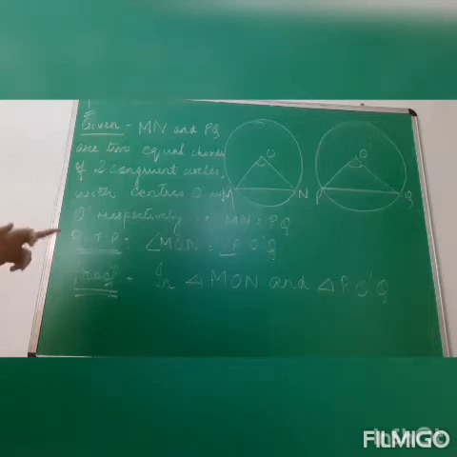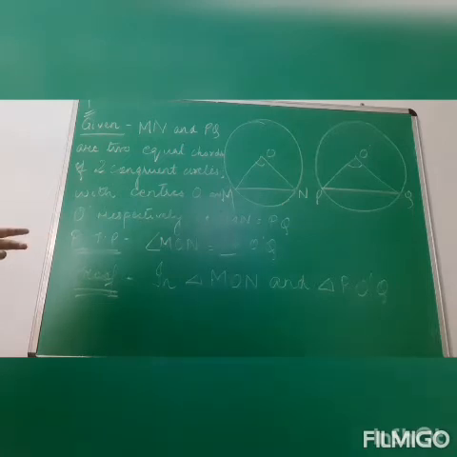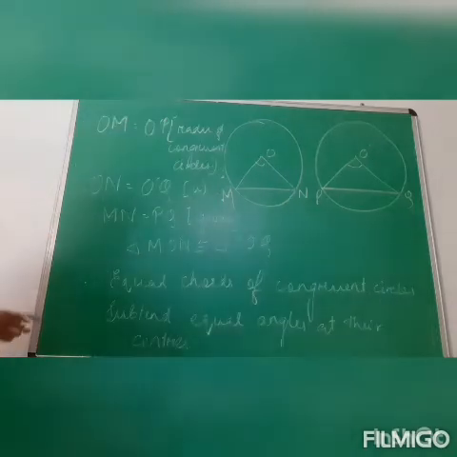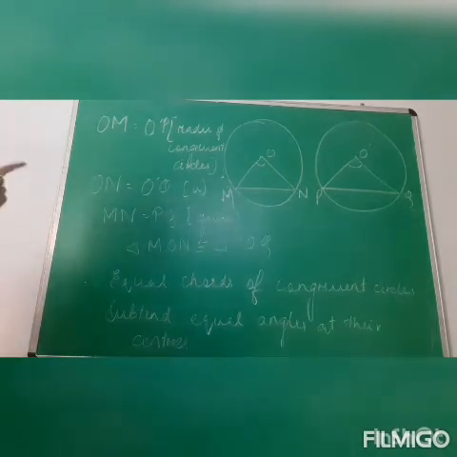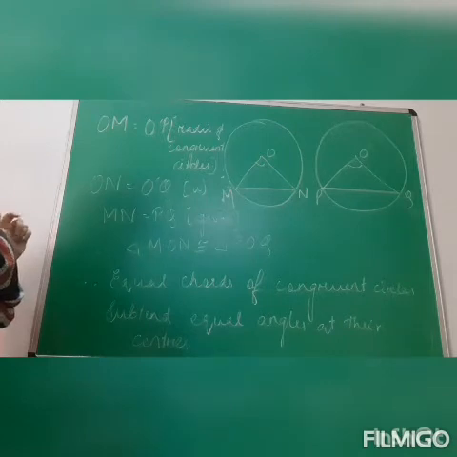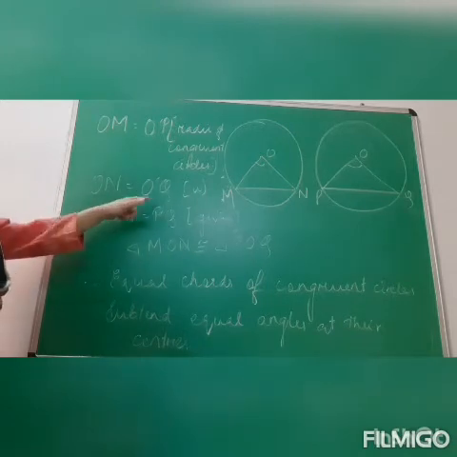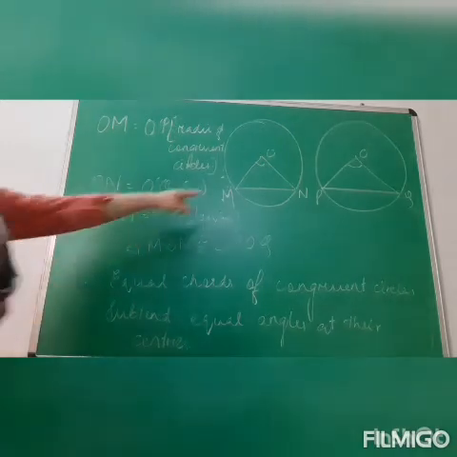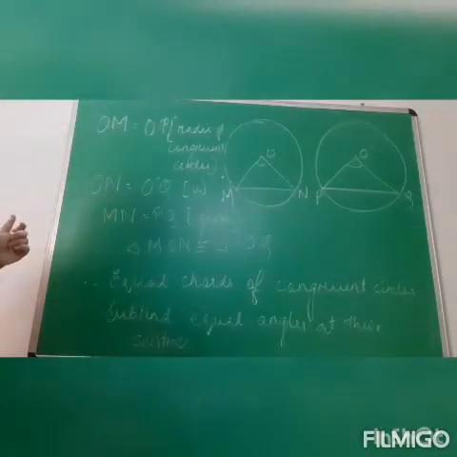For this, let us first consider the two triangles, triangle MON and triangle PO dash Q. In these two triangles, OM is equal to O dash P because they are the radii of congruent circles. Similarly, ON is equal to O dash Q, also radii of the congruent circles.